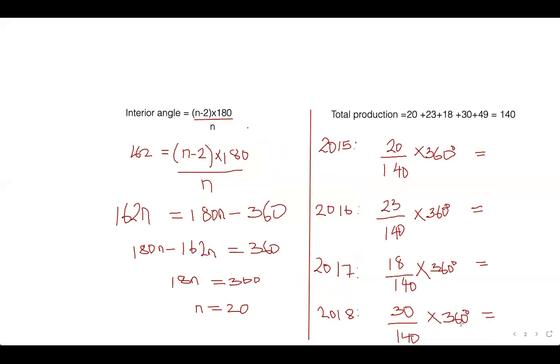So, listen. You get 51 3 out of 7. You put 3 out of 7 on your calculator. Then it will bring 0.4285 and so on, right? Then you round off.